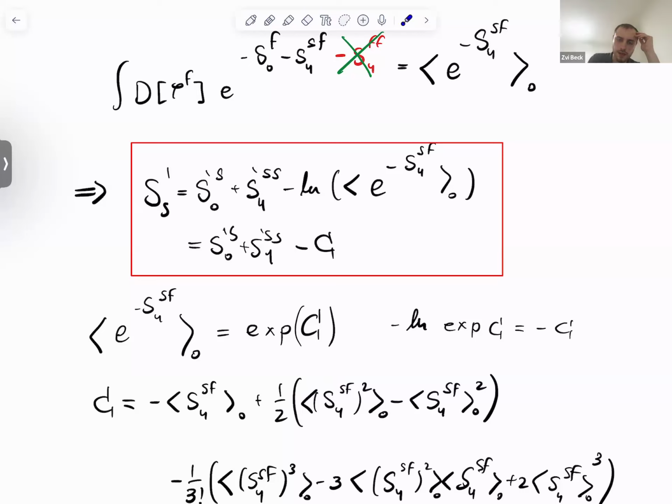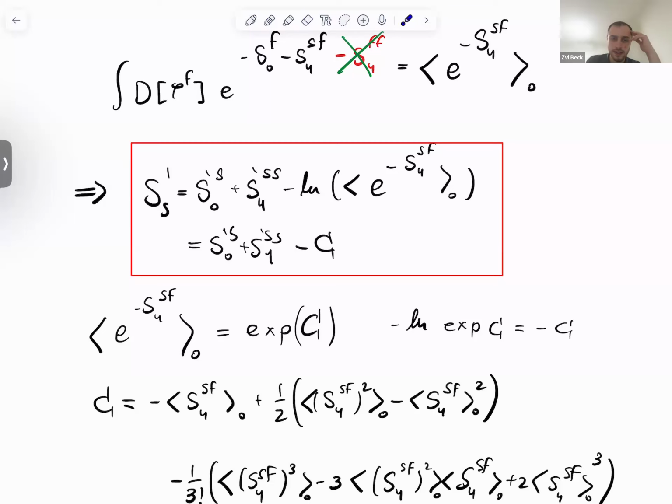Actually, in the expression of C, it's kind of interesting that you have an infinite series, because you still have exp of C, and C is an infinite series. Why is that interesting?